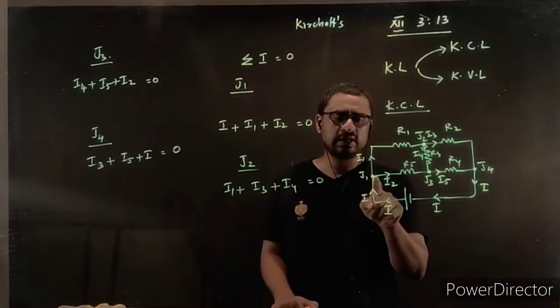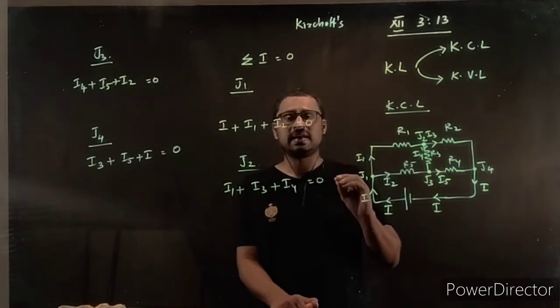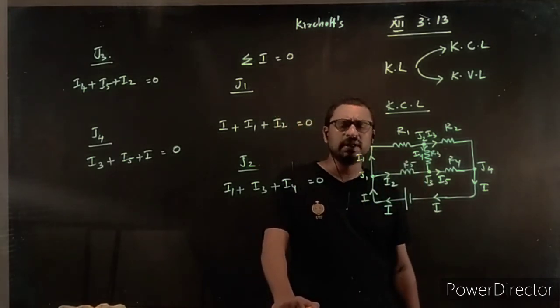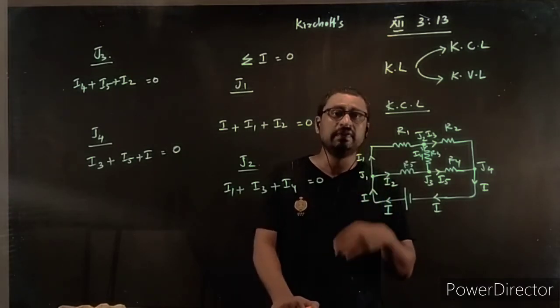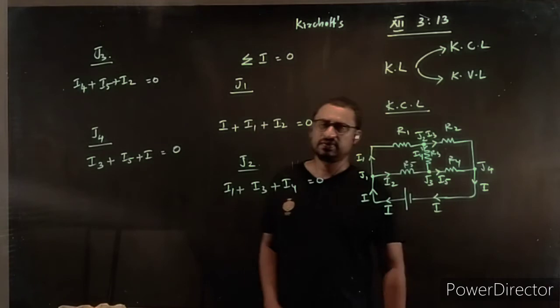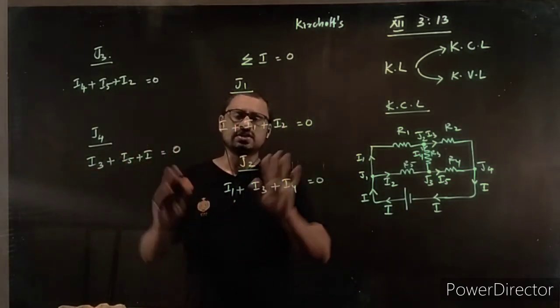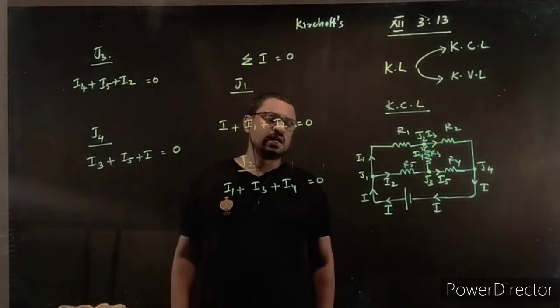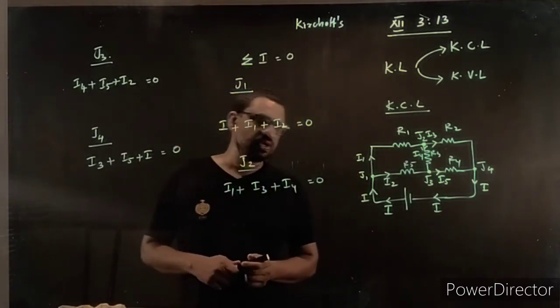For this one, I is entering and I1 and I2 are leaving. The sign convention is very simple. Current entering the junction is taken as positive and current leaving the junction is taken as negative. Then the junction rule will be complete.